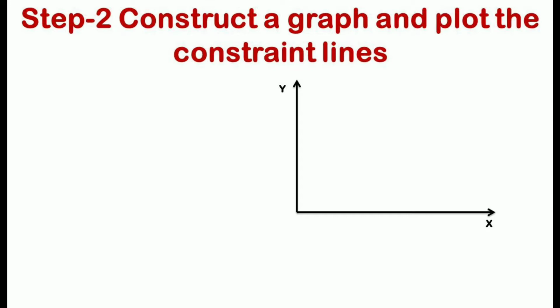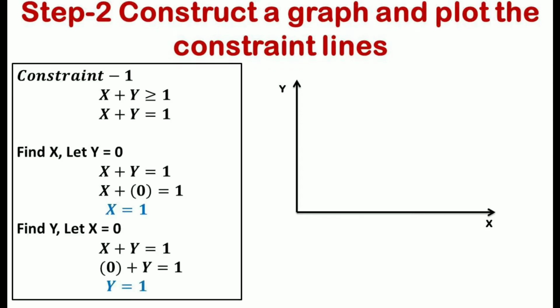For plotting the constraint lines on the graph, first we want to find the coordinates of the constraint. For this purpose, we have to replace the inequality signs in each constraint by an equality sign. Consider the first constraint, x plus y greater than or equal to 1.